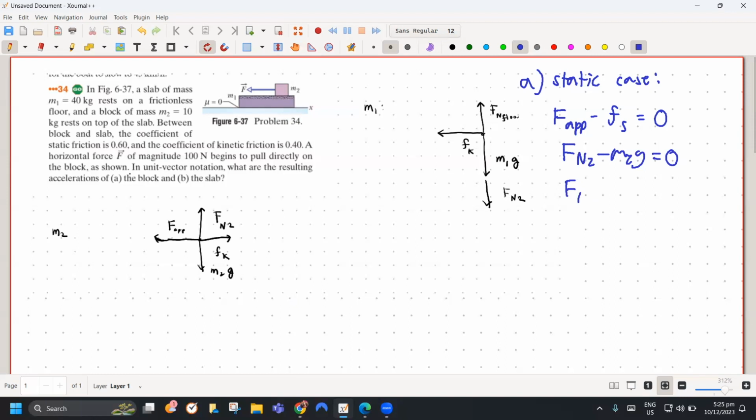Fn2 is equal to M2G. And then yung static friction.